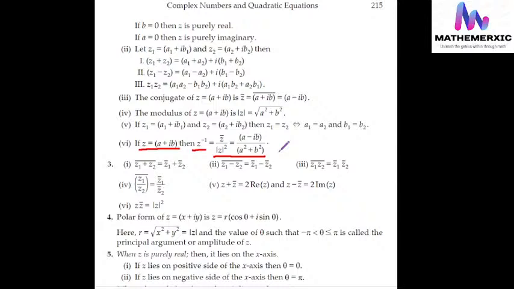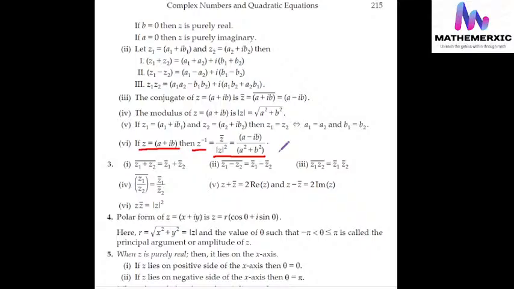Z1 minus z2 conjugate of that is again separated out, in multiplication again separated out, in division again separated. And if we're adding two complex numbers where one is a conjugate, in that case two real parts will be there, 2 into real of z, and in subtraction 2 imaginary will be there. Multiplication will lead to modulus of z whole square. So that is the part we have to understand.